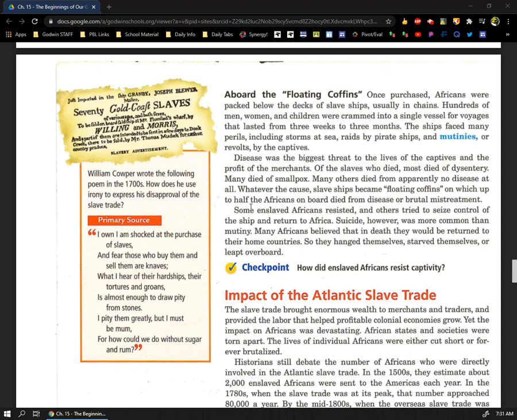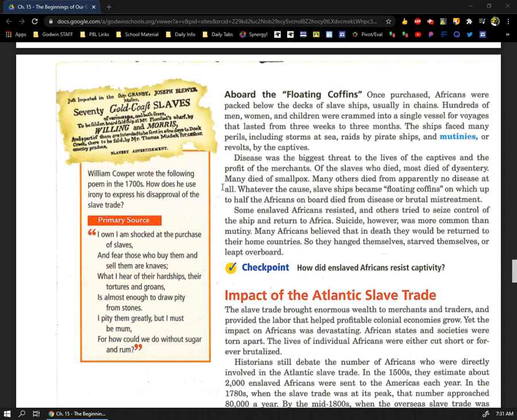Disease was the biggest threat to the lives of the captives and the profit of the merchants. Of the slaves who died, most died of dysentery. Many died of smallpox. Many others died from apparently no disease at all. Whatever the cause, slave ships became floating coffins on which up to half the Africans on board died from disease or brutal mistreatment.